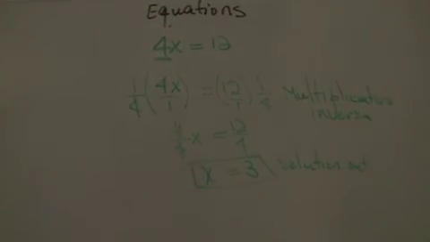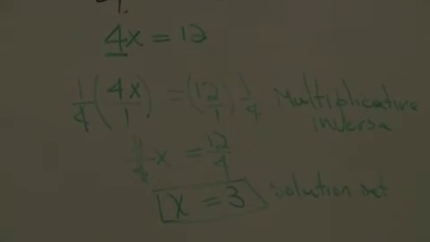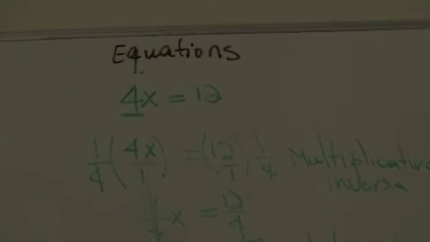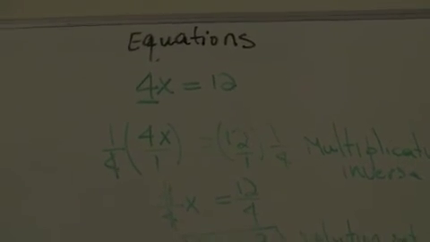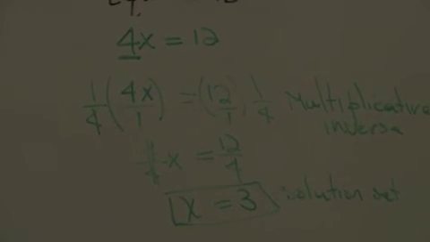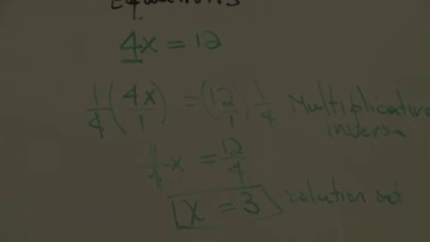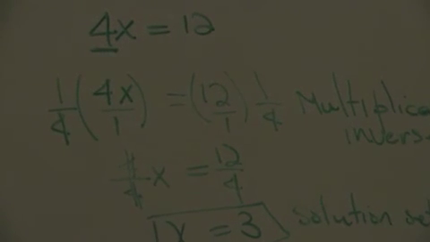As you can see here, it is 4x, the original equation, and bring the 4x down, and we take the reciprocal of the coefficient, which is 1/4, multiplied by the 4x, okay, and we do it to both sides of the equation.